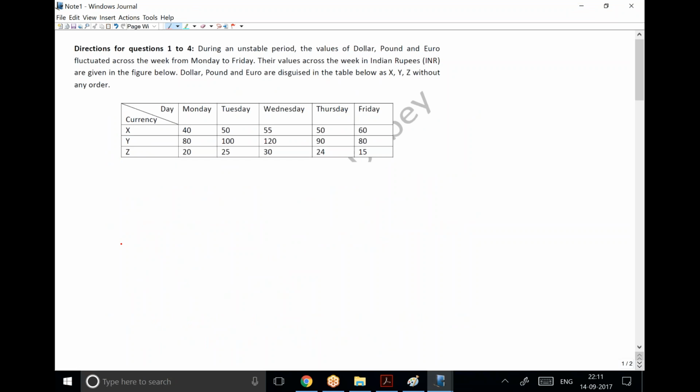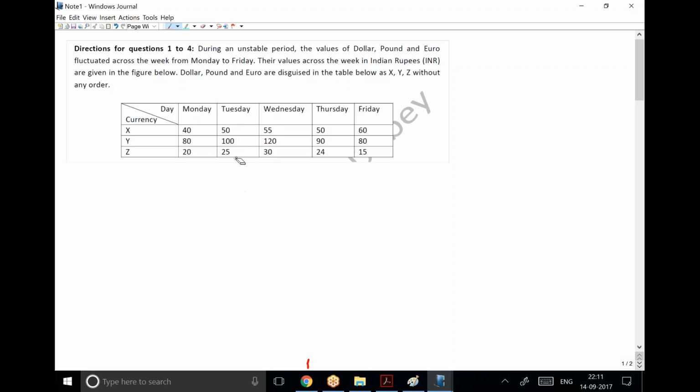Why is there no need to look into this? Because if you see the growth from Monday to Tuesday, whichever currency you take, X here, 40 will become 50, 80 will become 100, and 20 will become 25, which is exactly the same in terms of percentage.